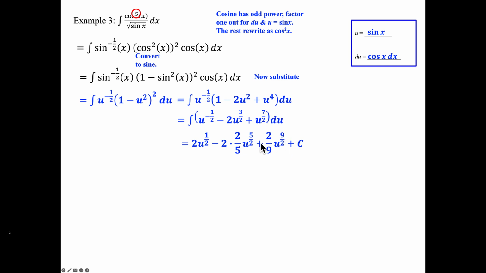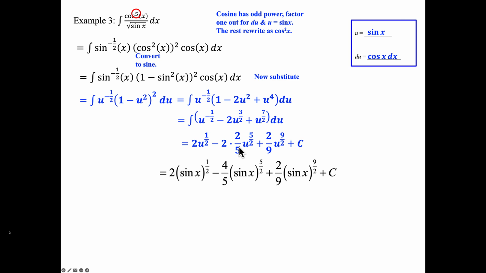Dividing by 9/2 is the same as multiplying by the reciprocal 2/9. Then we'll crunch the coefficients here. We'll call that 4/5. We'll bring our sine of x back in for all our u's. And there's my final answer. Rewriting this back as 2 times the square root of x, that's optional. I would just leave well enough alone.